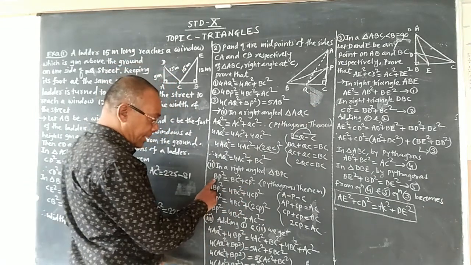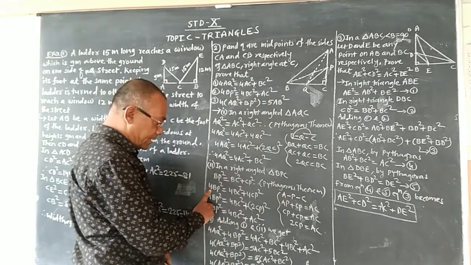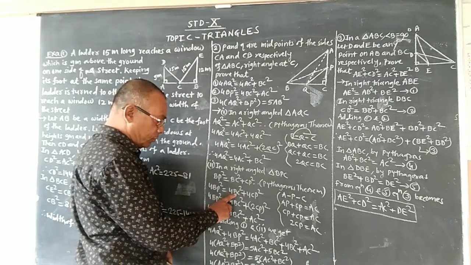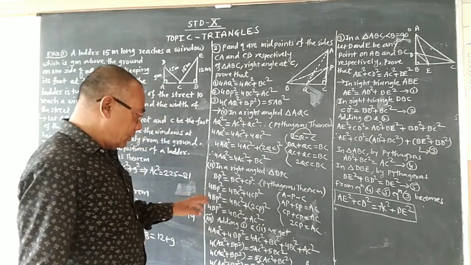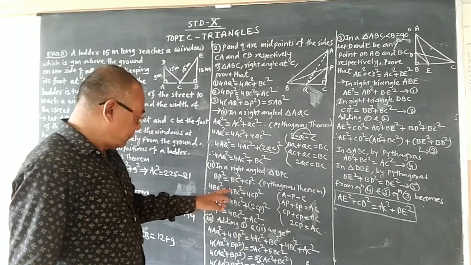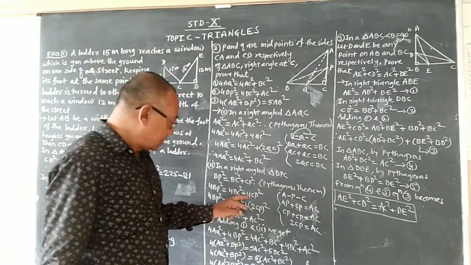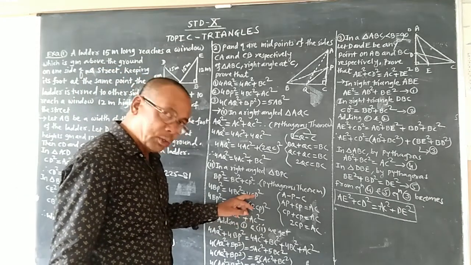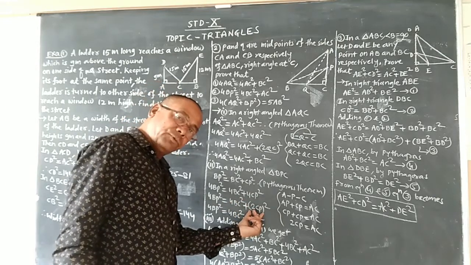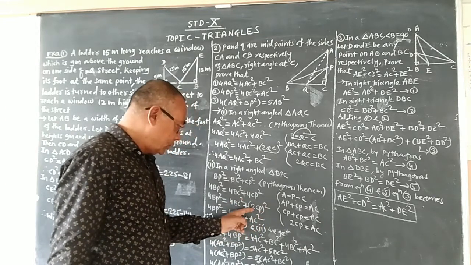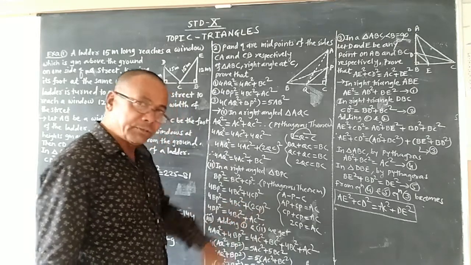Again, by multiplying both sides by 4, we will get 4BP square is equal to 4BC square plus 4CP square. Again 4BP square as it is, 4BC square as it is, square root of 4 is 2, square root of CP square is CP, and then squaring the bracket we will get 2CP bracket square means 4CP square.